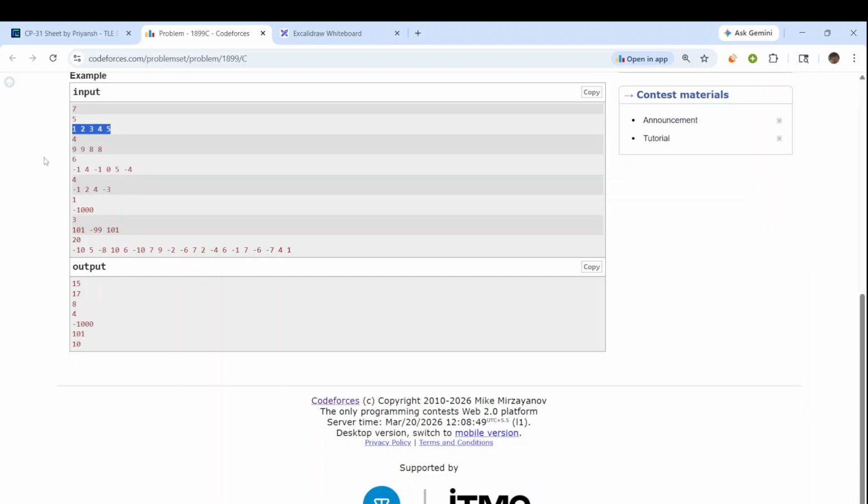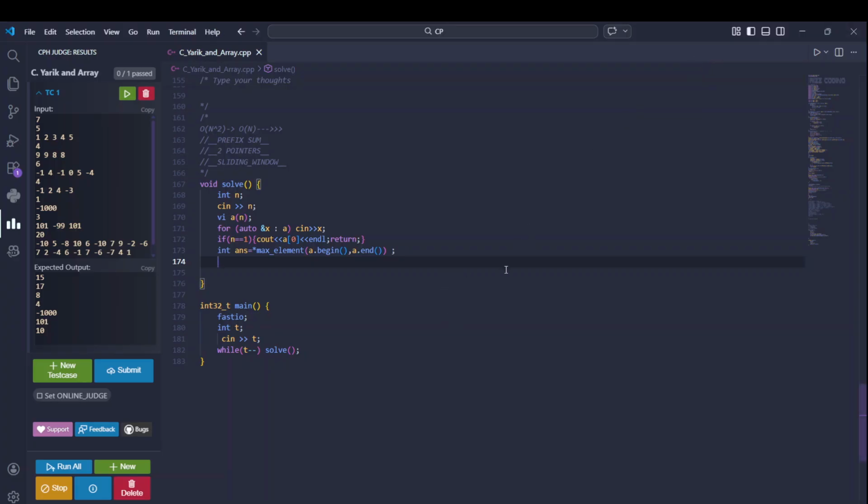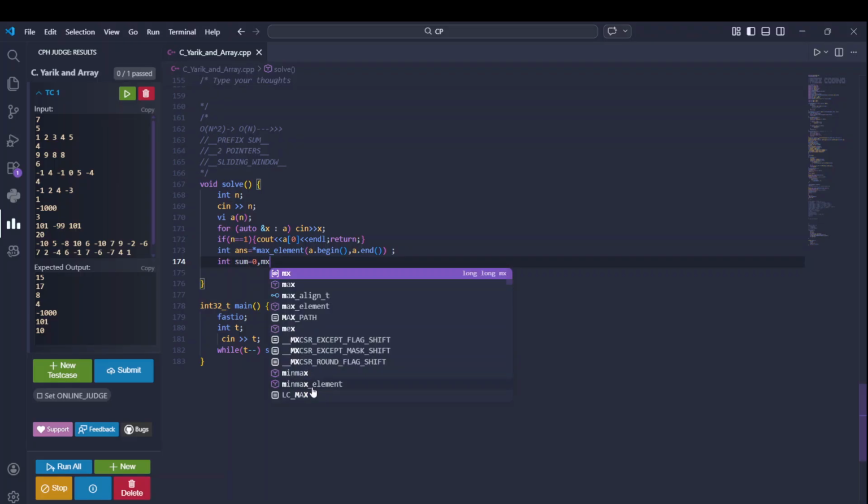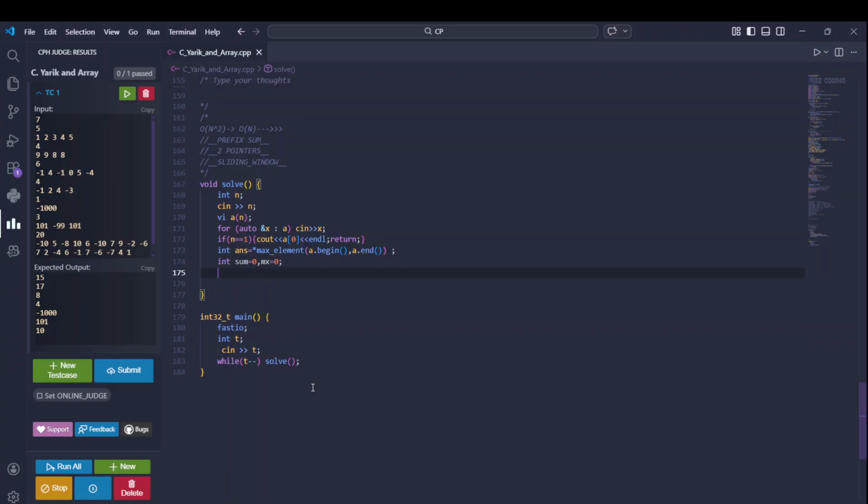I got an idea, but I don't think that is correct. But anyway, I'll just implement it. So sum equals 0, x equals 0, for example. We just start.